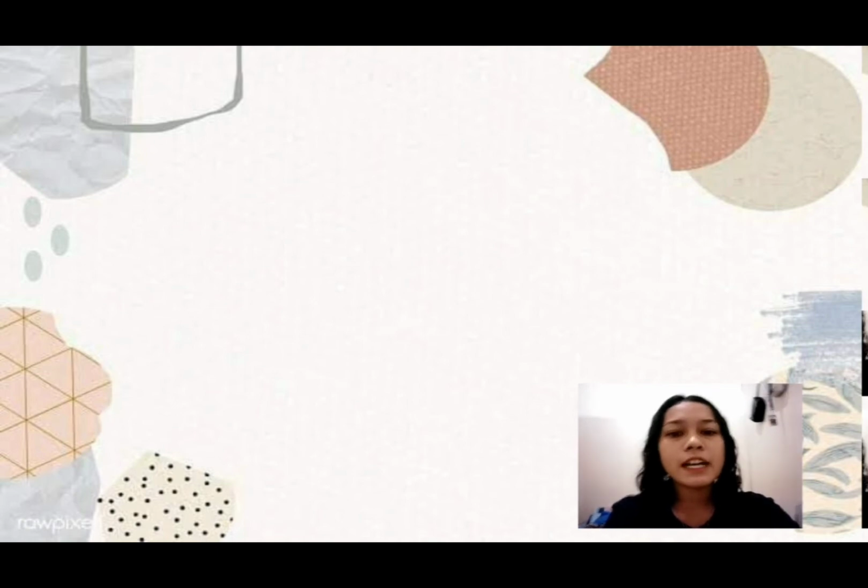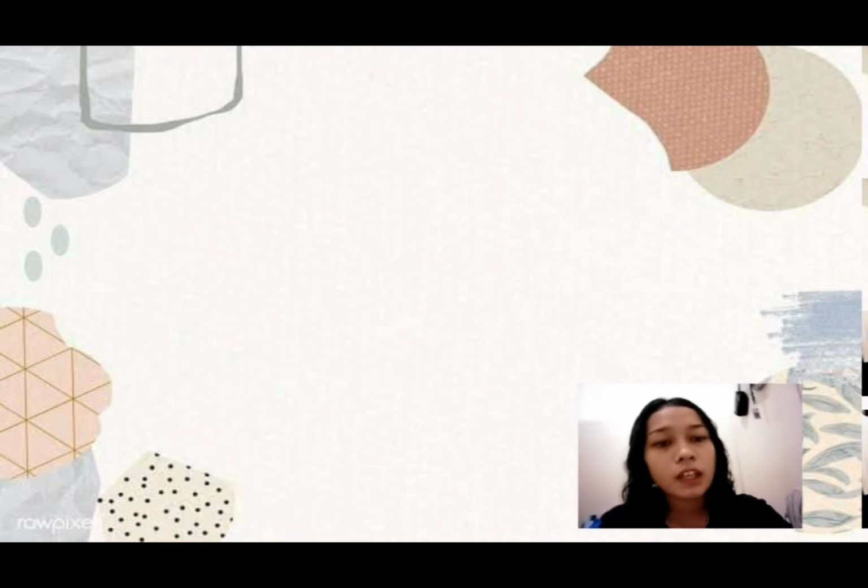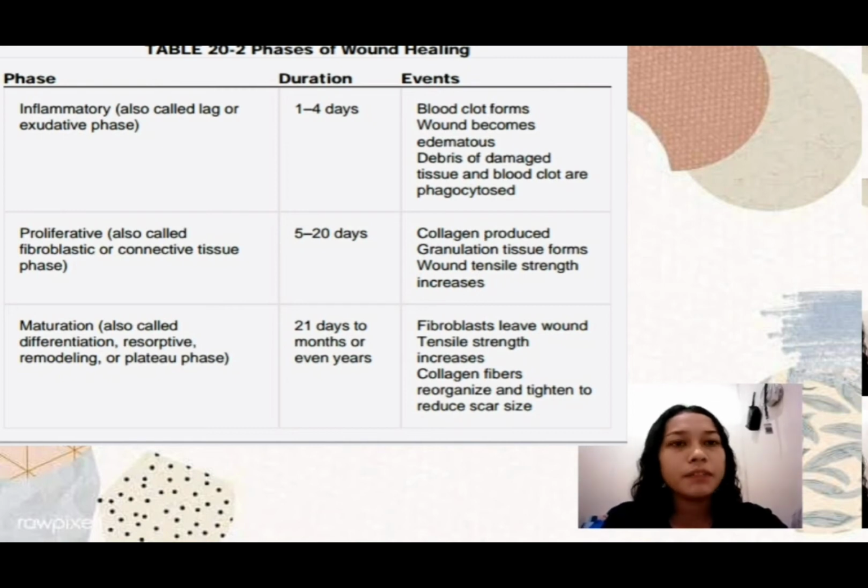So earlier I mentioned the inflammatory, the proliferative, and the remodeling phases. The inflammatory phase is also called the lag or exudative phase, and the duration is 1 to 4 days.